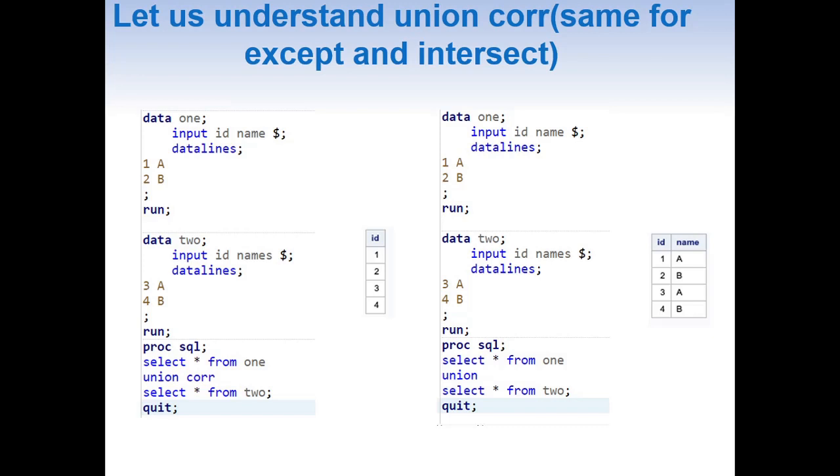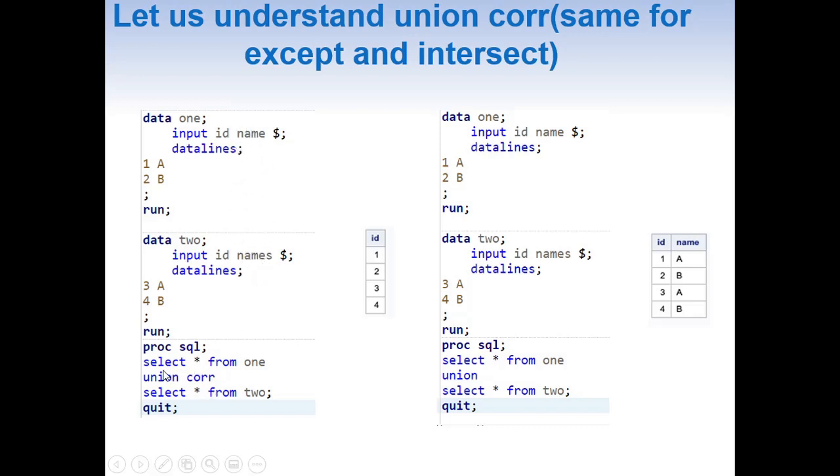Now here we have data sets, and in the first data set we have two variables, ID and name. In the second data set, if you see, the variable names are ID and names. Now if you look closely, these two variables are not same.